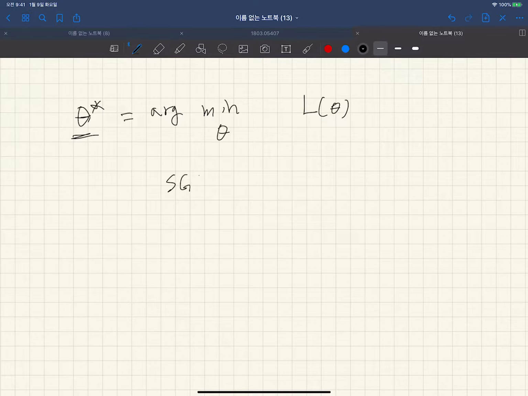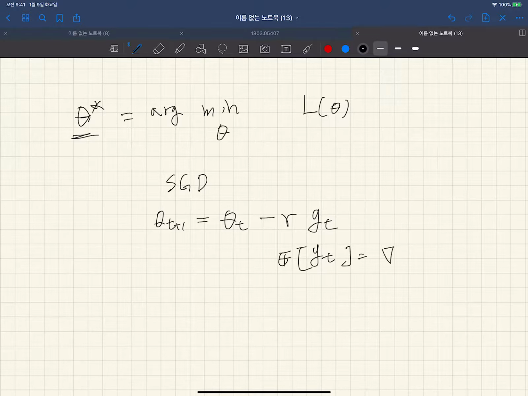The stochastic gradient descent algorithm updates your parameter theta_{t+1} using theta_t minus gamma g_t, and here g_t is some kind of random gradient vector obtained from a mini batch, and the expectation of g_t is equal to the gradient of the loss at theta_t.